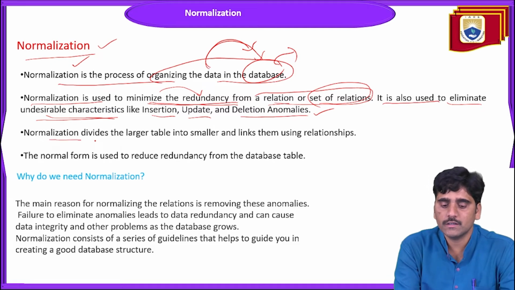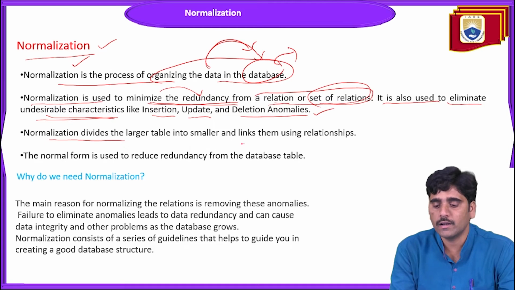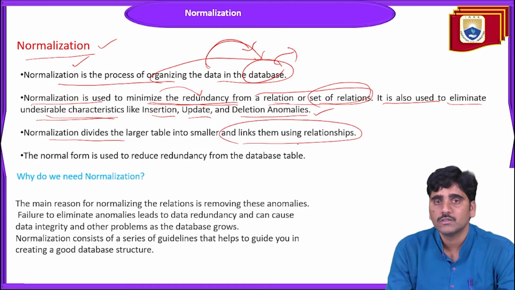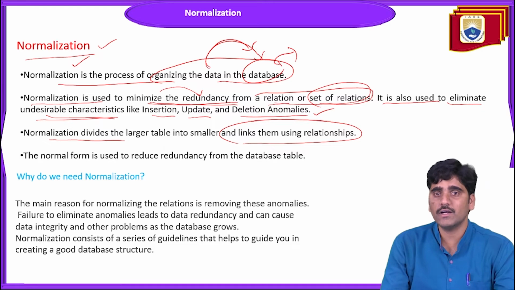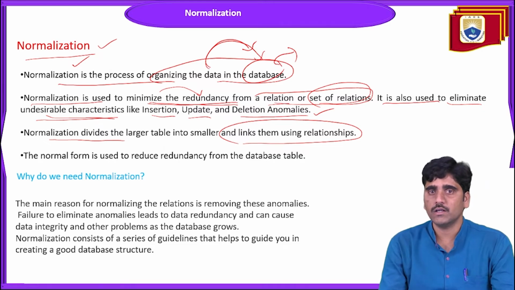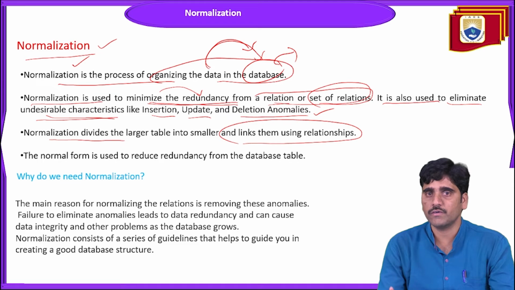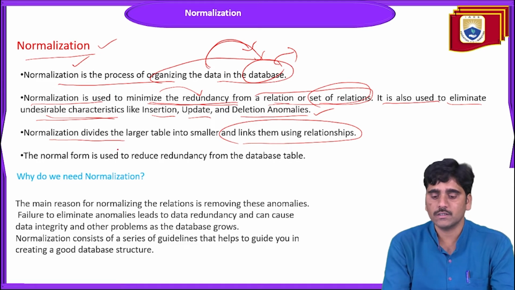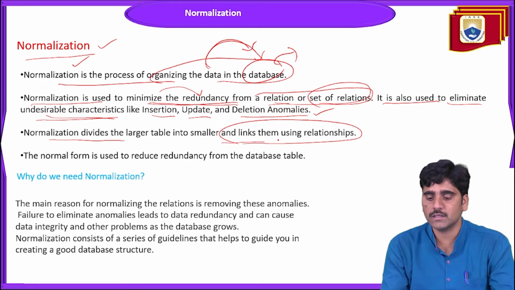Normalization divides a larger table into smaller tables and links them using relationships. That means the larger table is decomposed into different smaller tables, and after decomposing, all the tables are linked together as a single relationship.